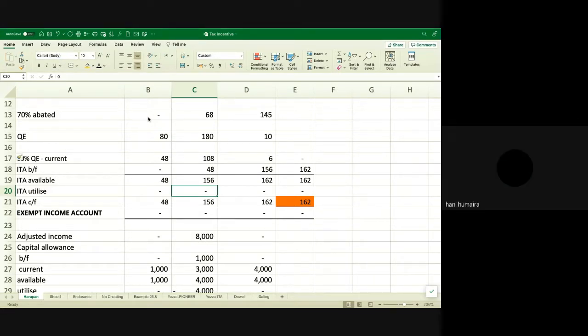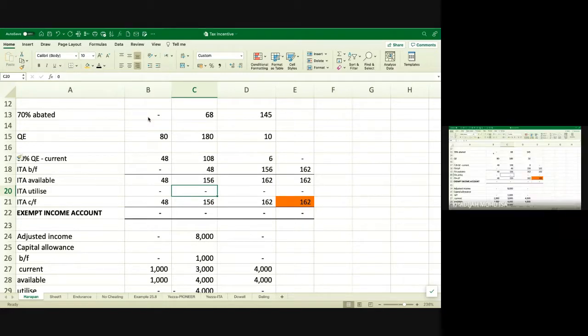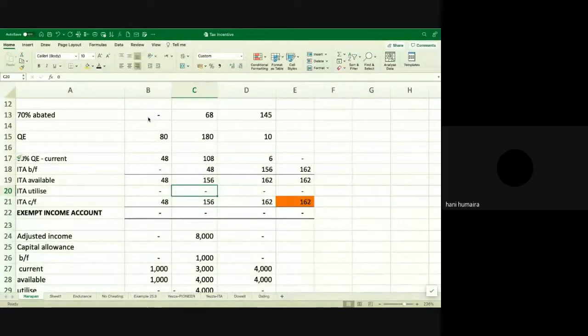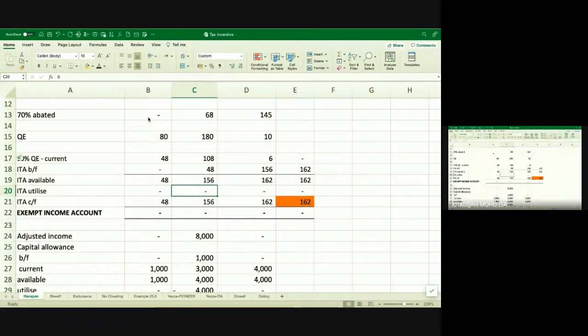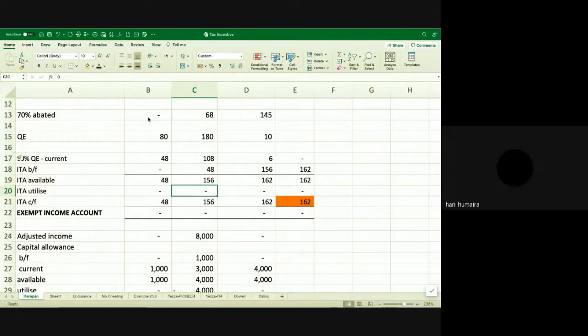How much available? 156. How much to utilize depends on how much is your 70% of abated. So how much is that?